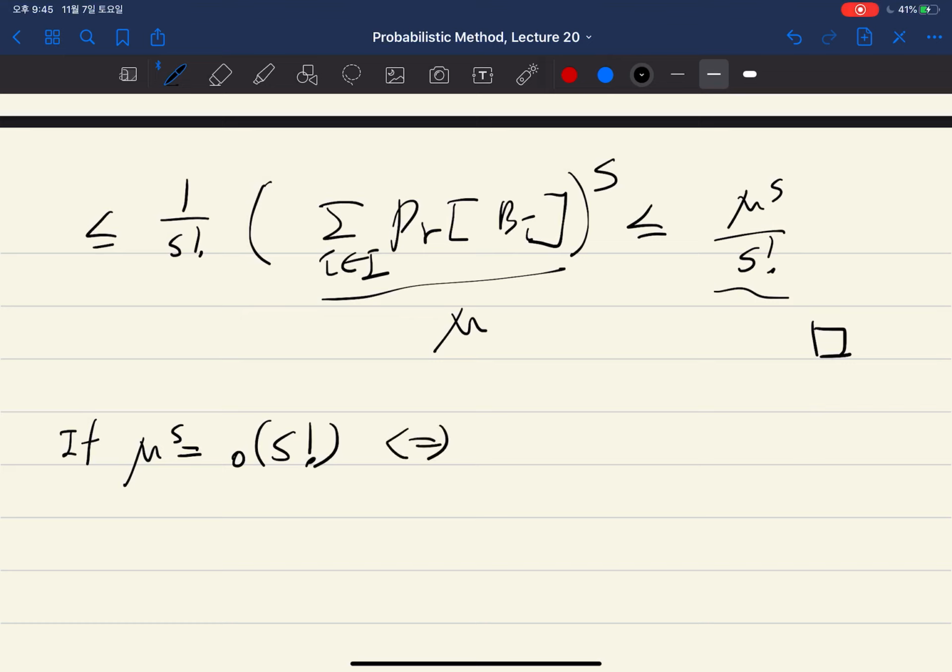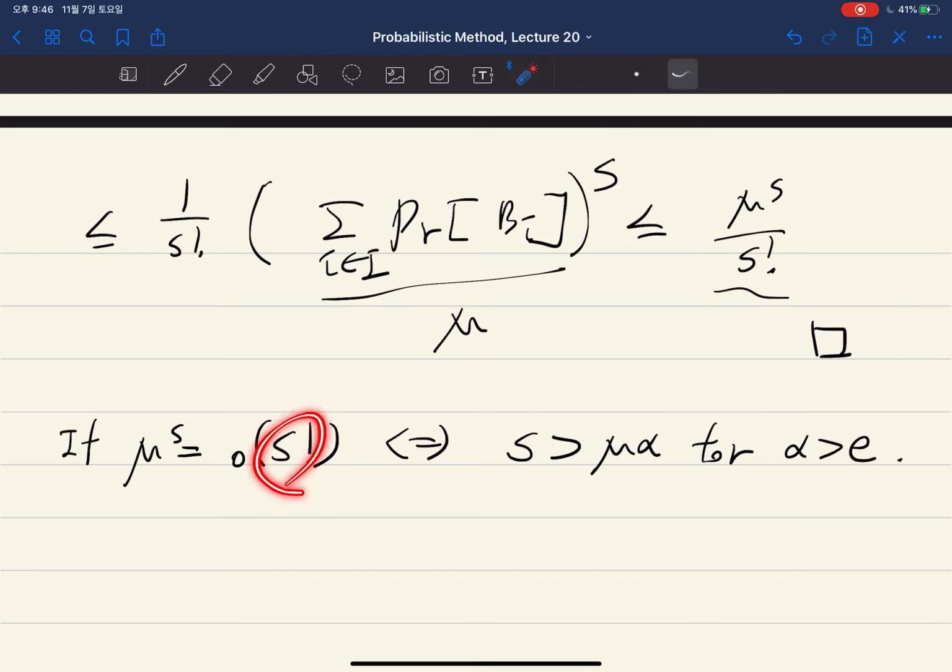And this happens basically when S is bigger than mu times alpha, for some alpha bigger than e. Otherwise, if this doesn't happen, then this becomes bigger than 1, and it's not so useful.